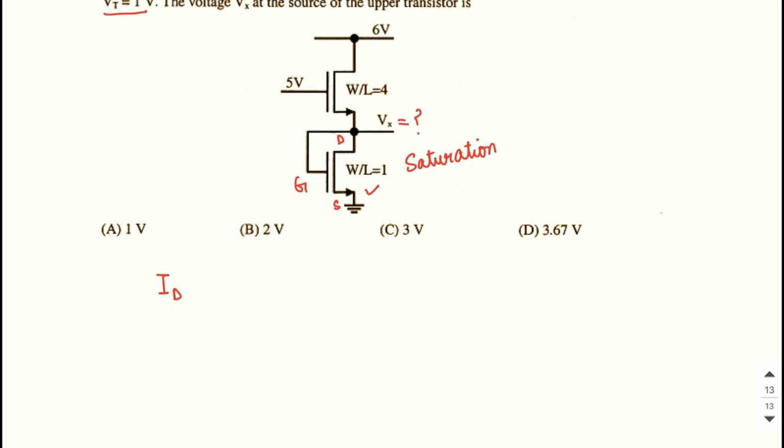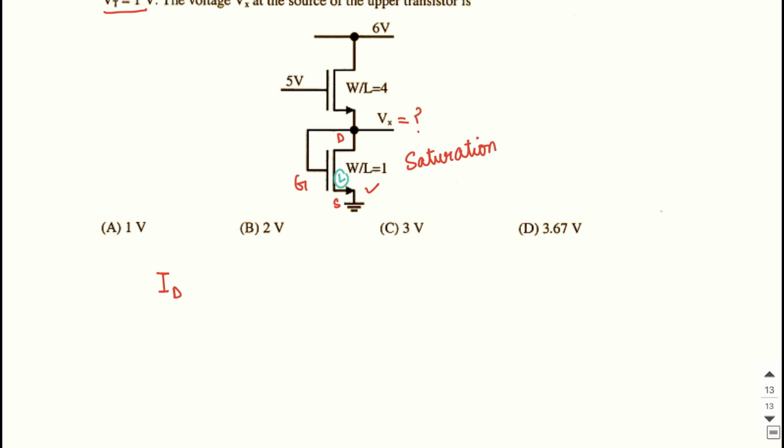So let me mark this transistor as the lower one and this one as the upper one. I will write down for the lower transistor, IDL is equal to half mu n Cox W by L, and in the bracket we have VGS minus VTH. This time we can directly write down VGS is equal to Vx.